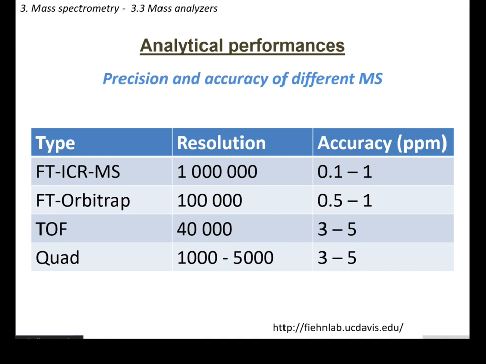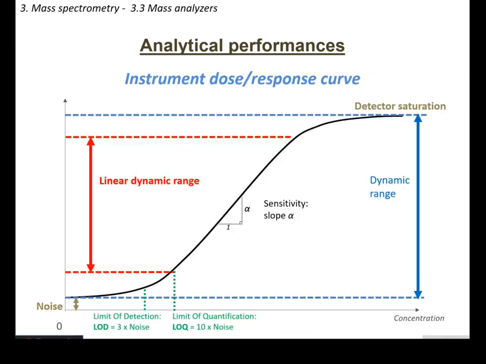The Orbitrap has a resolution of 100,000 and an accuracy below 1 ppm. And the Fourier transform mass spectrometer has a resolution of 1 million and an accuracy that is between 0.1 and 0.5 ppm, so much higher resolution and accuracy.